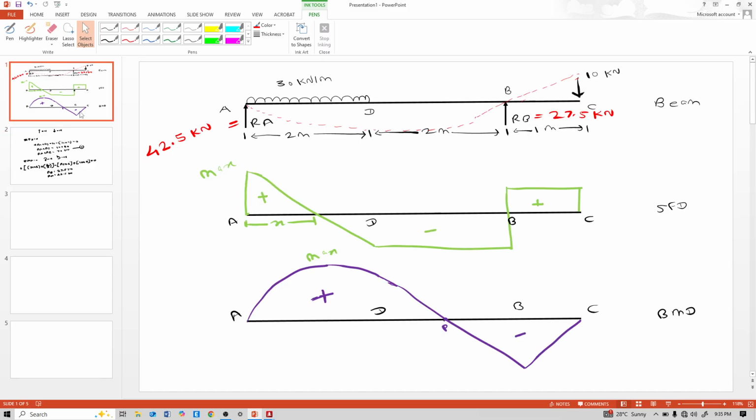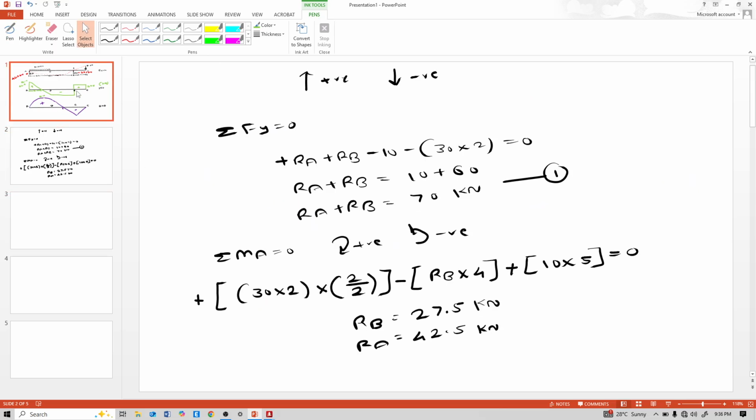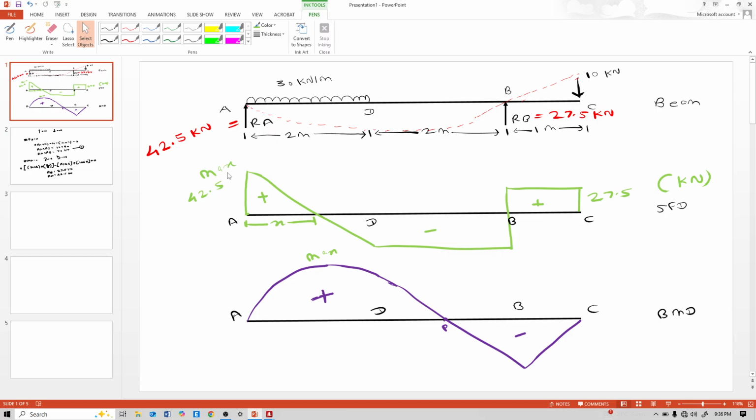This RA reaction is also the shear, 42.5, the unit is kilonewton, and here it is 27.5. That's why our judgment is correct. See, I write here maximum, and the maximum shear is at point A.